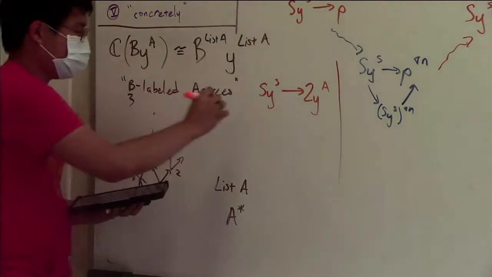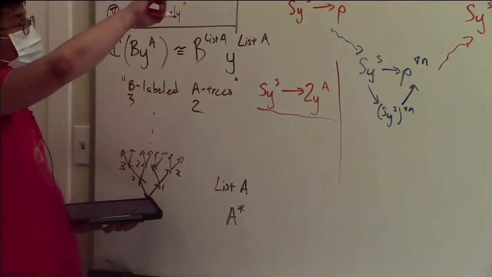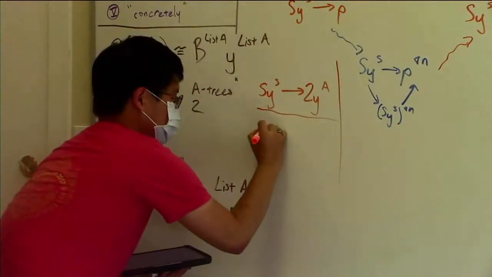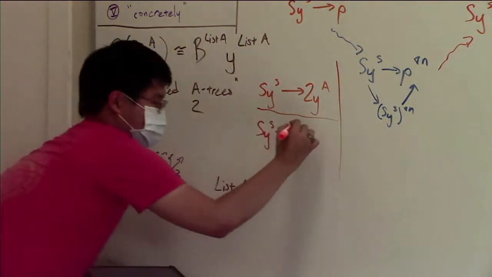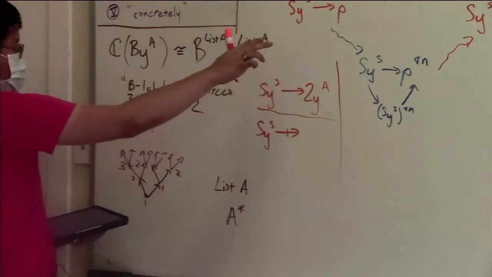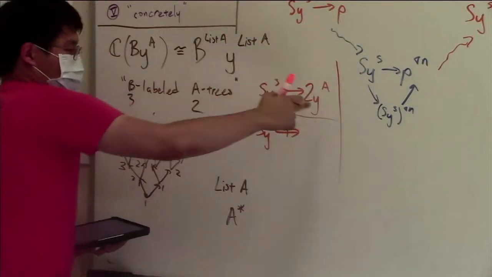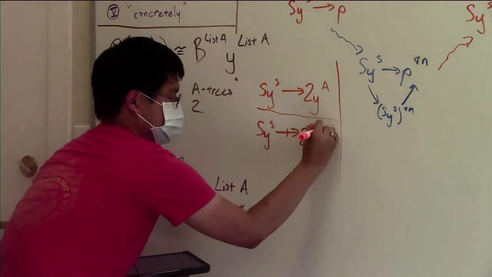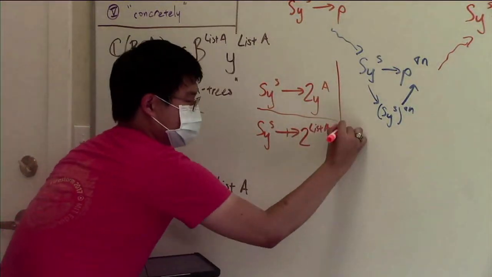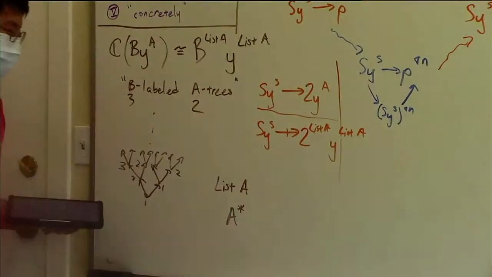But if we pass this through our adjunction, we see that this is precisely a cofunctor from Sy to the S to the cofree comonoid on 2y to the A, which if we plug in here is just 2 to the list A, y to the list A. I want to highlight the on-objects function of this cofunctor.